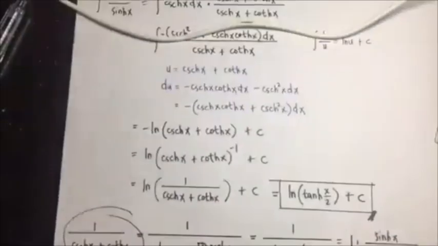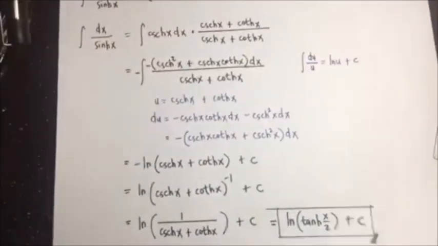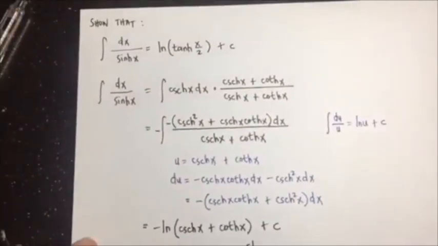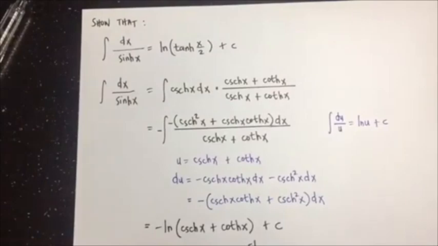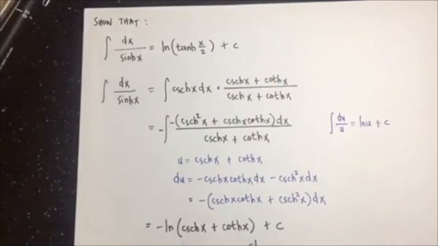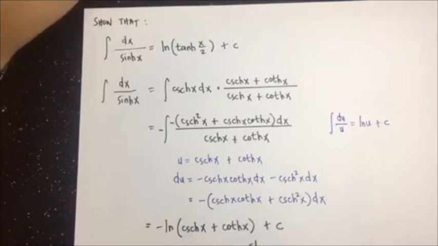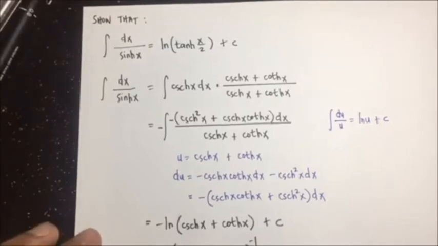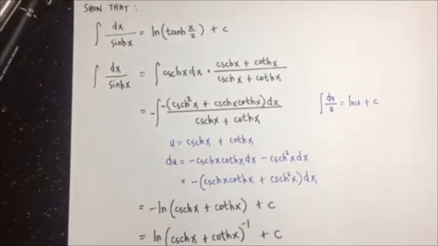Okay, so as you have noticed, in inverse trigonometric functions, in exponential, as you can see in hyperbolic functions, there are a lot of ways for you to solve problems involving hyperbolic functions. The first one is by direct use of the formula.